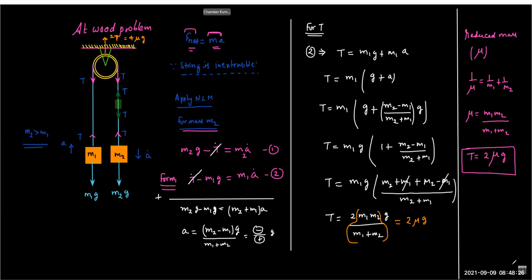So, since we are done with the first problem, let's do some practice for just reinforcing the idea which we just learned. So, I will draw a very simple looking Atwood machine, and you know that the pulley cannot move.